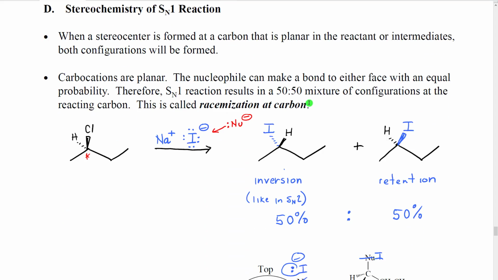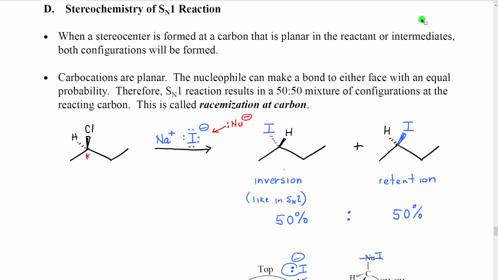Now, when we looked at the SN2 reaction, we saw that it was stereospecific. If we used one configuration of the reactant substrate, we would get a specific configuration of the product. It turns out that because the SN1 goes through a carbocation, it has a completely different stereochemical course.